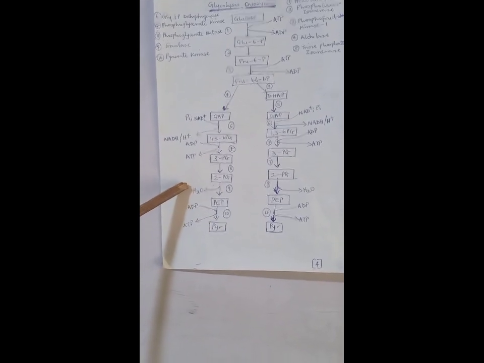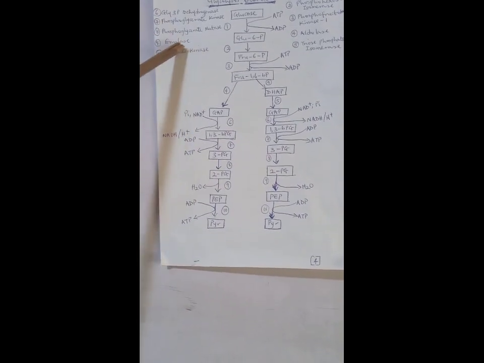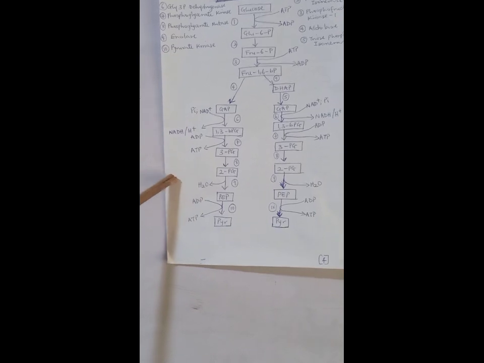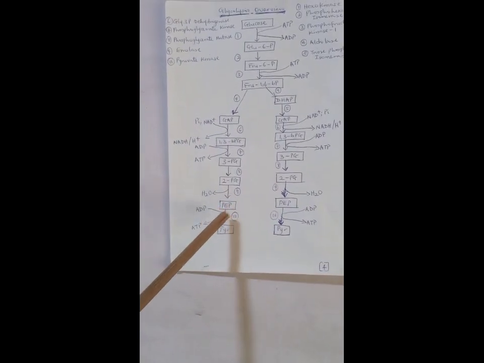Now, 2-phosphoglycerate gives off one water molecule to form phosphoenolpyruvate, and that is catalyzed by the enzyme enolase. So at this point, you have a dehydration reaction where water is given off to produce what? Phosphoenolpyruvate.